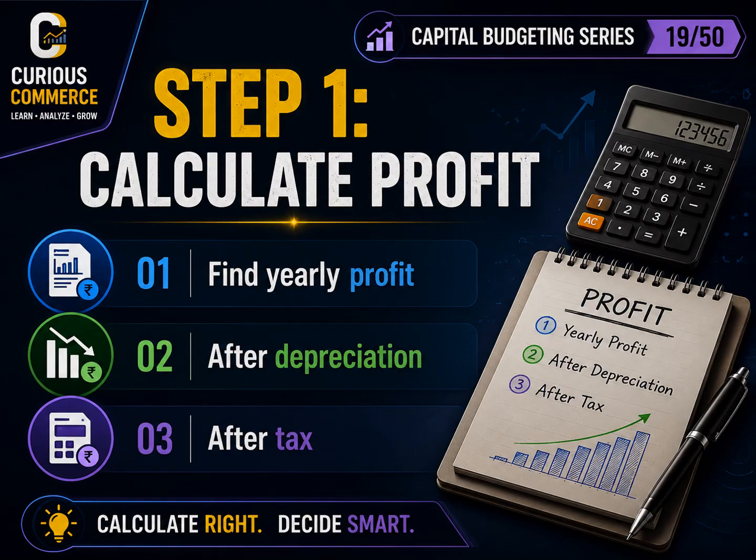In numerical problems, the question may directly provide yearly profit. Sometimes the question gives cash inflows, depreciation, tax rate. Then you have to calculate accounting profit manually. So, step 1 is extremely important. Without correct profit, final ARR answer becomes wrong.